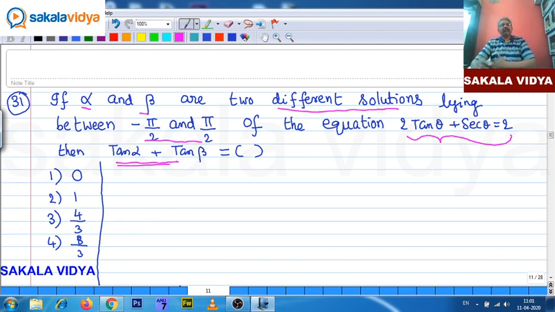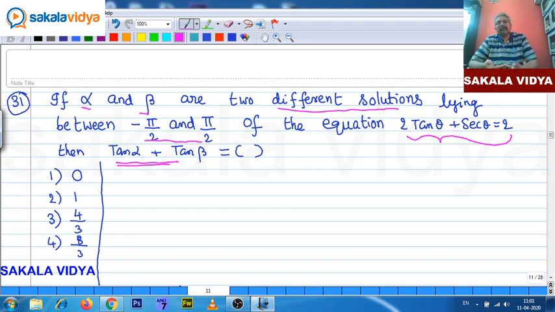So that means first of all I shall make a plan like this. I would like to implement my strategy like this. 2 tan theta plus sec theta is equal to 2. Take 2 tan theta to that side and square on both sides. Then you will get secant square theta is equal to 2 minus 2 tan theta whole square.